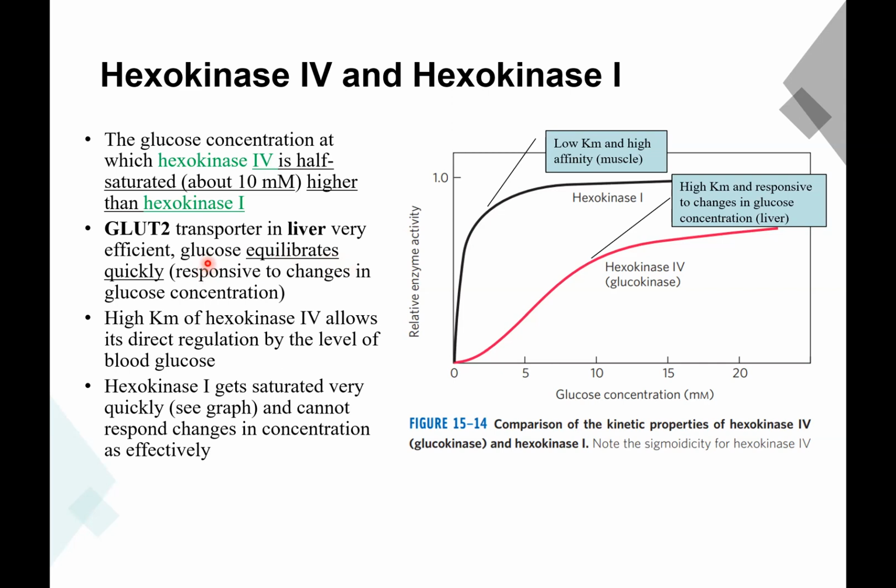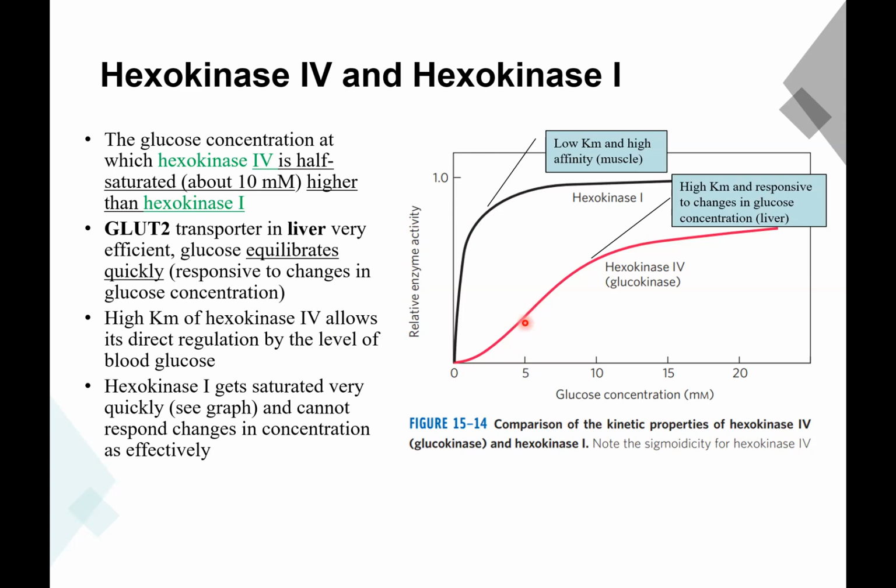So that means a couple things. One is that there's more capability in the liver to regulate the activity of hexokinase 4 simply by changing glucose concentrations, right? Because you can see that, let's look in here.